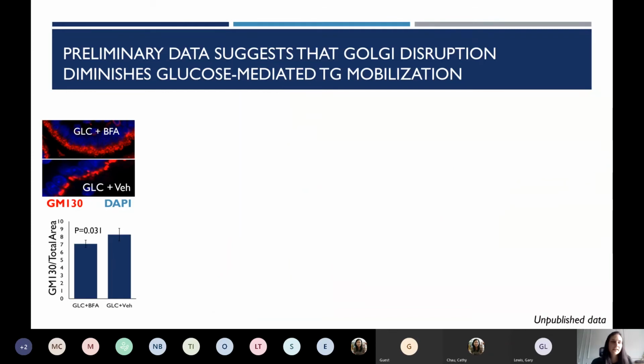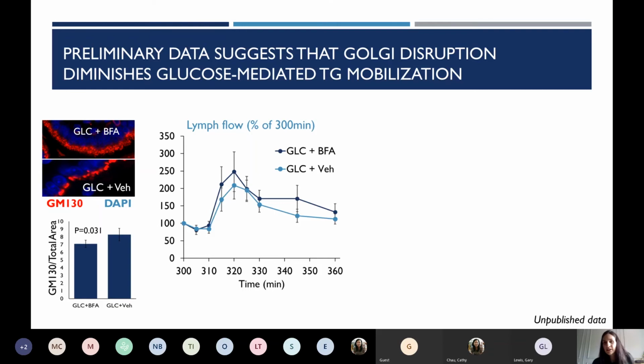Our preliminary data suggests that it is the case that Golgi disruption diminishes glucose-mediated TG mobilization. We see that when we give Brefeldin A and stain the Golgi here in red, it causes dispersal of the Golgi, and this has been shown to affect its function, and that it can no longer process these pre-chylomicron transport vesicles. We see that this doesn't affect lymph flow.